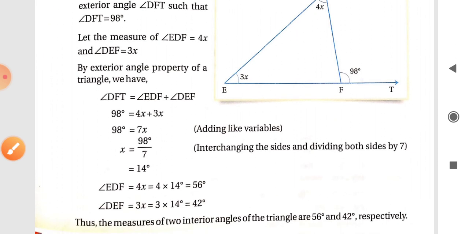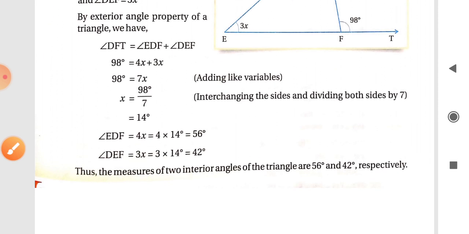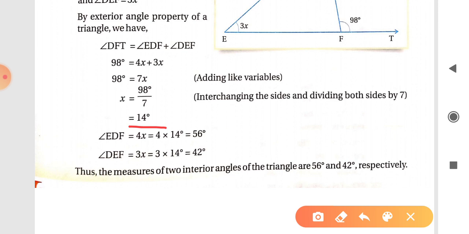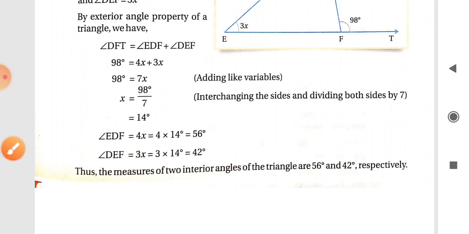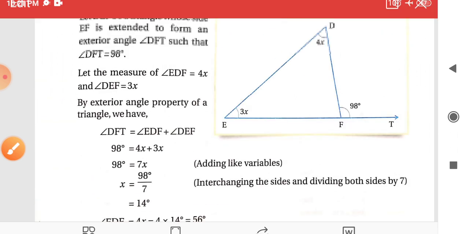Then put values of all these angles and we get x is equal to 14 degree. So now we can find values of angle EDF and angle DEF by putting the value of x. Then we get angles 56 degree and 42 degree. So this is exterior angle property.